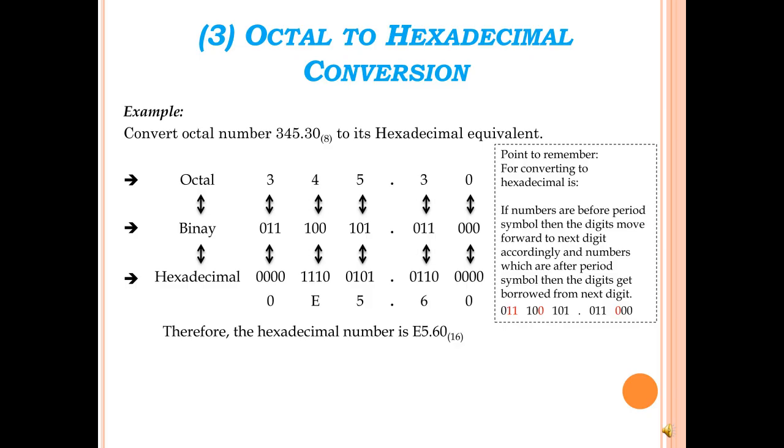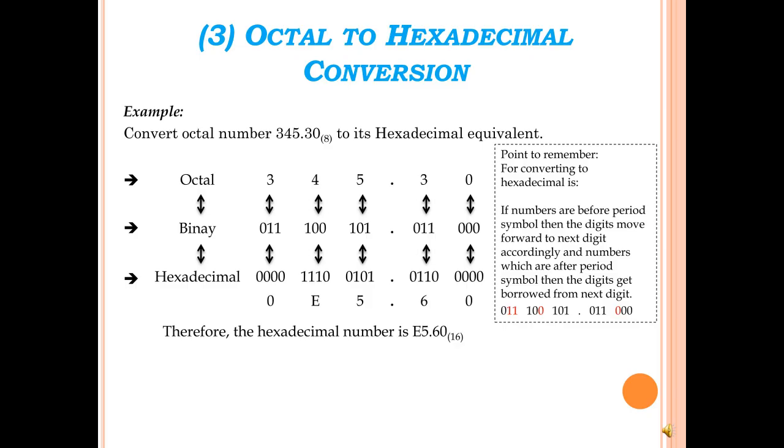Now, for converting to hexadecimal, we have to remember one point. For numbers before the period symbol, the digits move forward to the next digit accordingly, and for numbers after the period symbol, the digits get borrowed from the next digit.